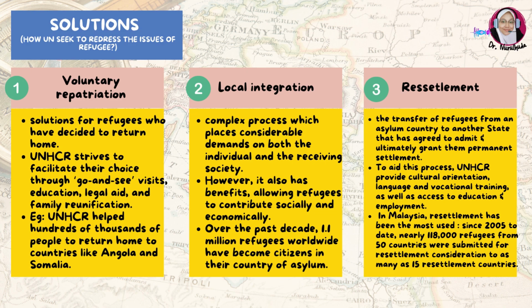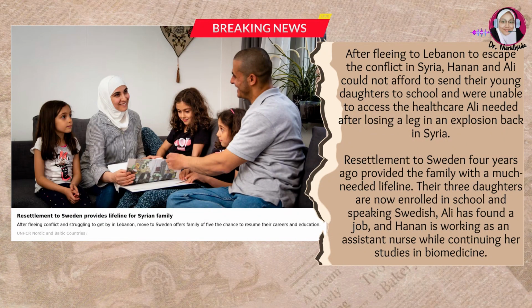In Malaysia, resettlement has been the most used. Since 2005 to date, nearly 118,000 refugees from 50 countries were submitted for resettlement consideration to as many as 15 resettlement countries. This is an example of resettlement of a Syrian family.